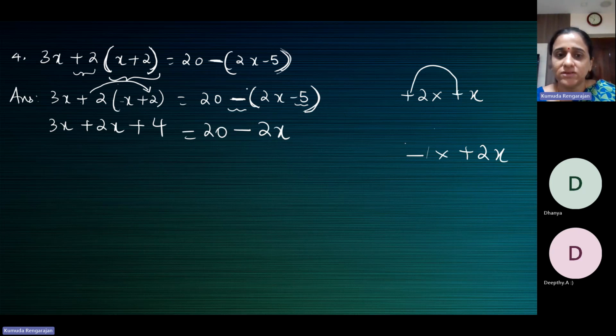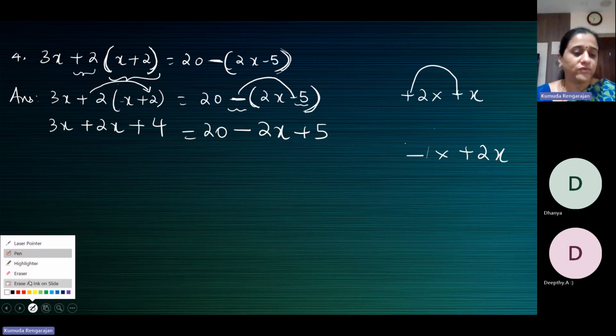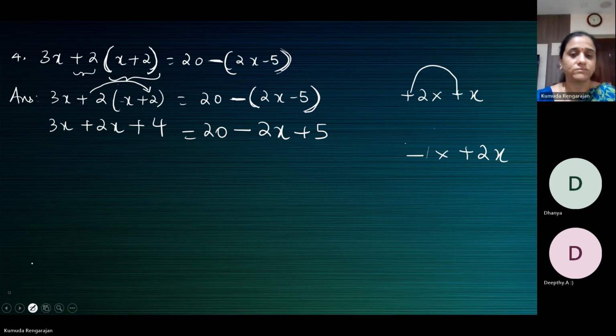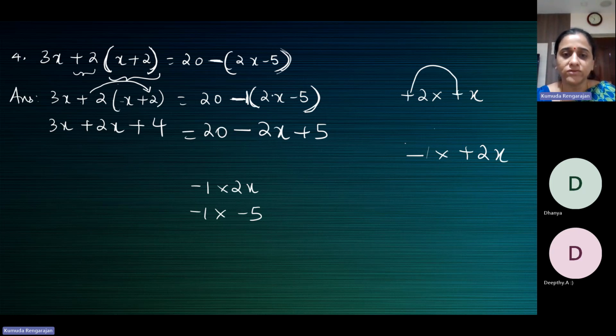Minus into minus is plus, and 5. If it is confusing, you should treat this minus as minus 1. That's all. So you're actually multiplying minus 1 into 2x and minus 1 into minus 5, which is minus 2x and plus 5.